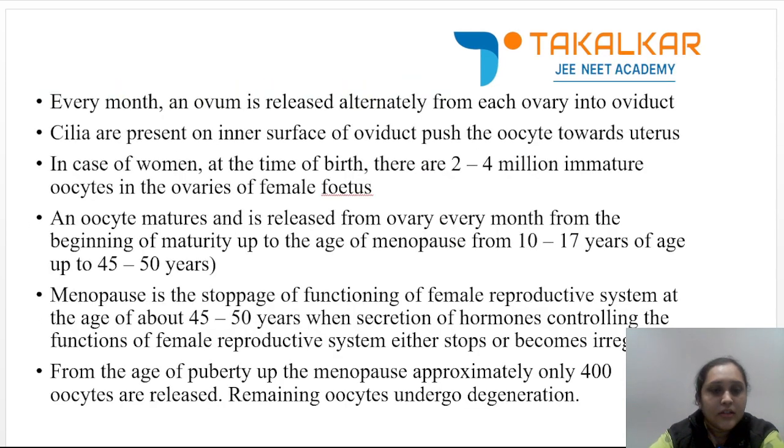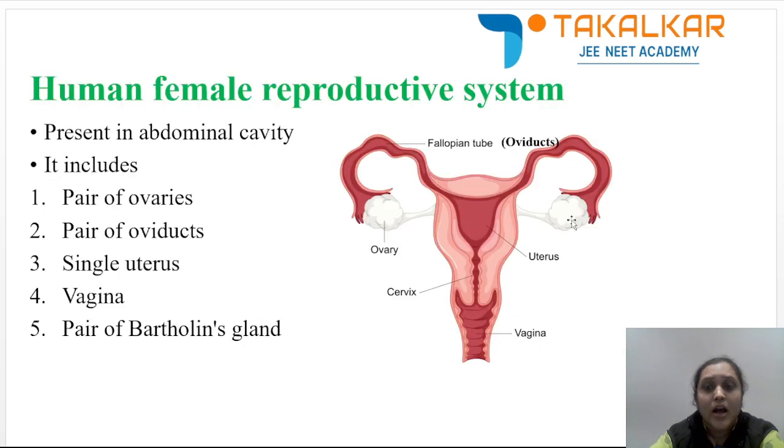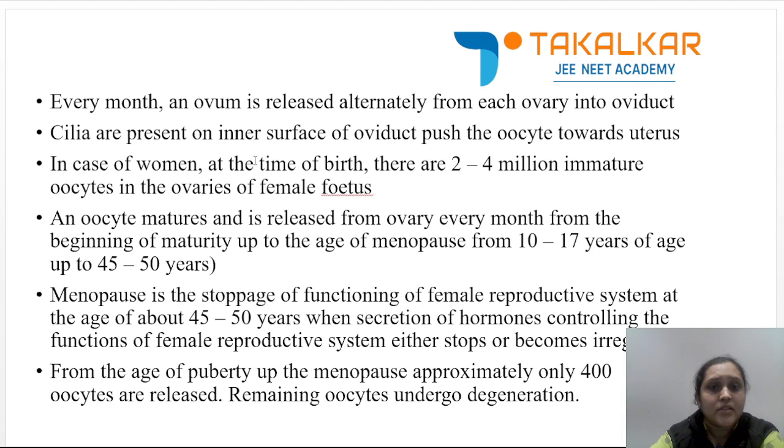Every month either this ovary or this ovary releases the ovum into the oviduct. This oviduct contains cilia which push the oocyte into the uterus once the oocyte is fertilized.